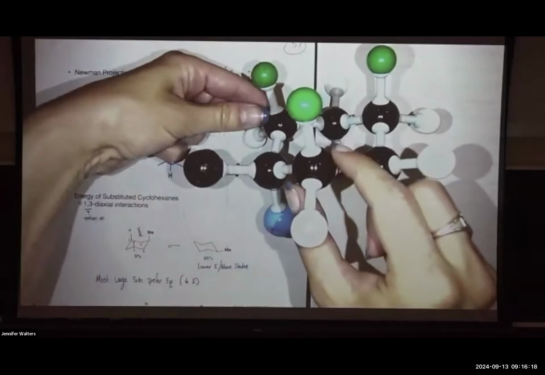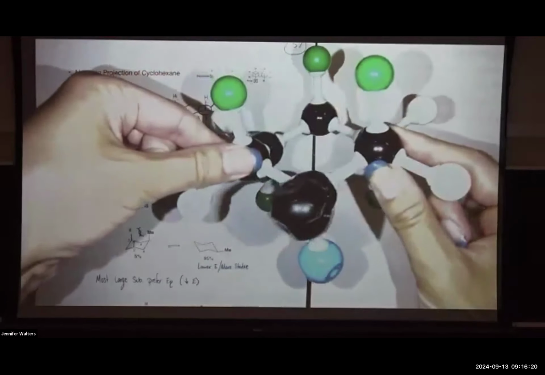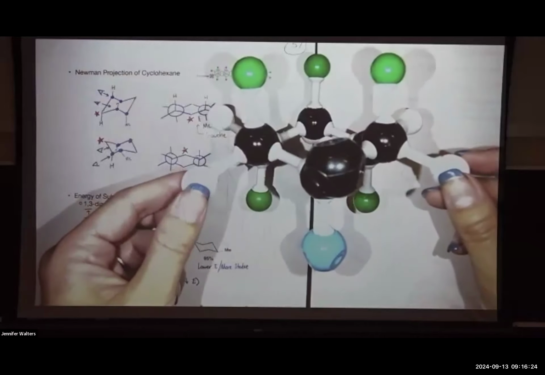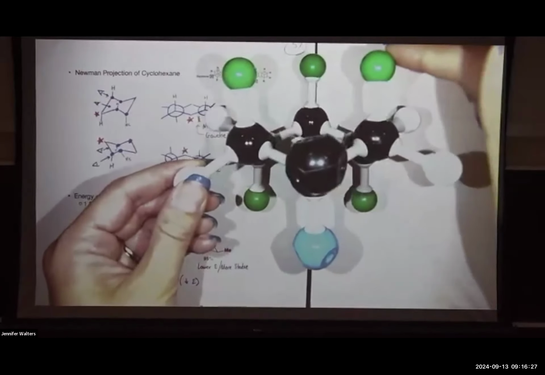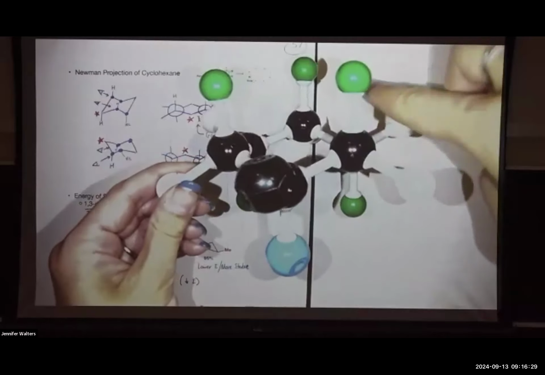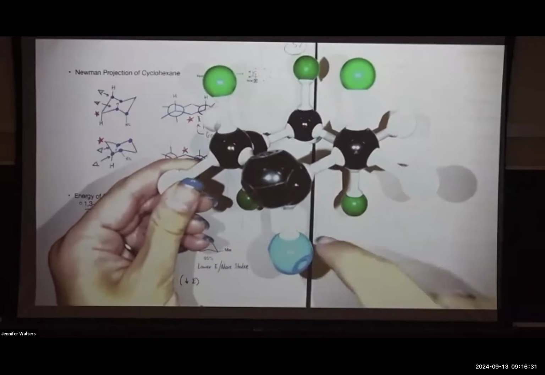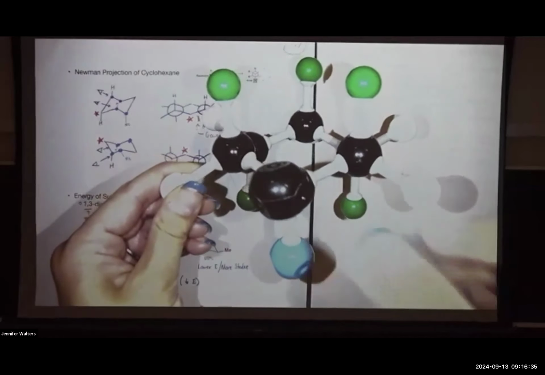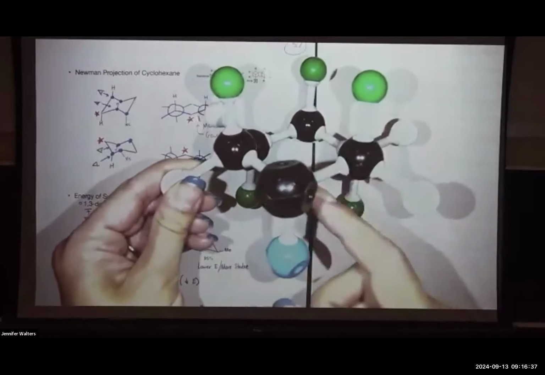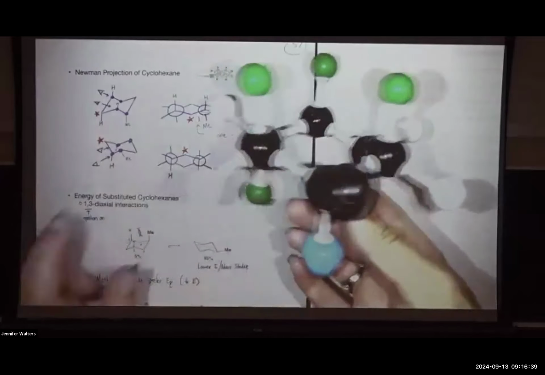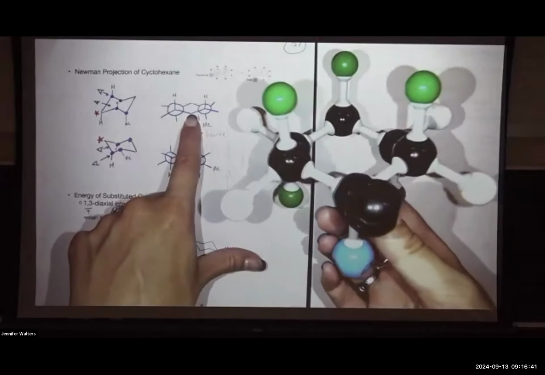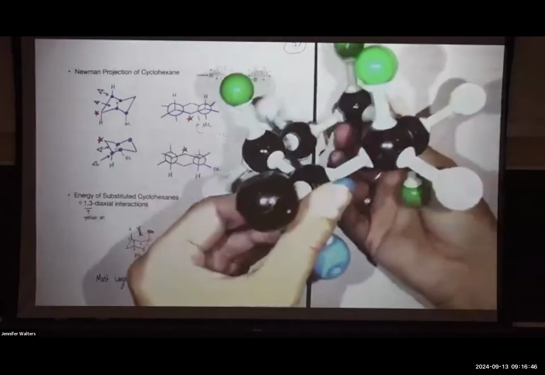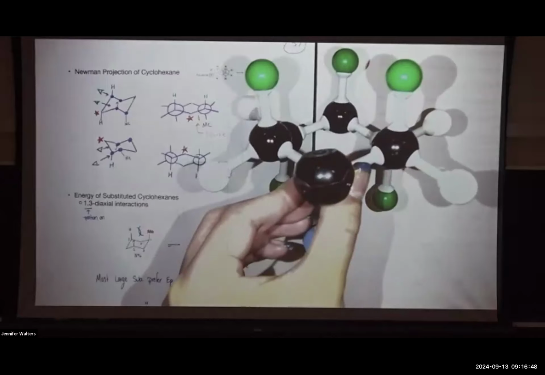So what we're doing is we are taking our chair and turning it to get this Newman projection, to see that we have these gauche interactions where everything truly is staggered, where you get those 60 degrees between everything. And now my front carbon, this right here, is that star. So that's all we're doing, going from the chair and imagining that we're looking down two of the bonds to get into the Newman projection.